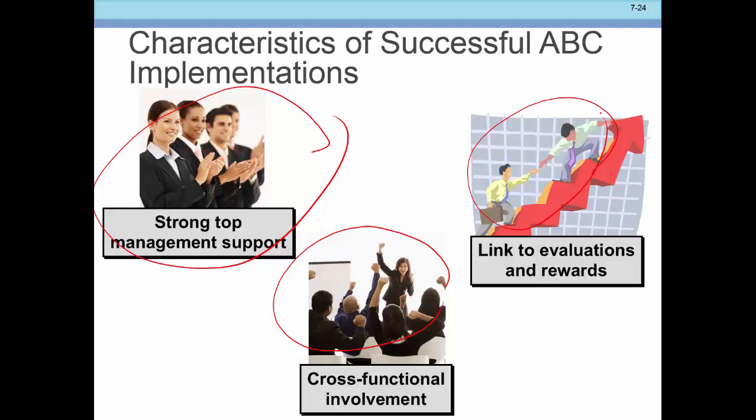And so you're looking for them. Maybe that's how you drive the cross-functional involvement, right? Well, gee, it says in your performance plan that you're supposed to be involved in a committee. How come you didn't join the ABC committee or whatever, right? I don't know. Okay.